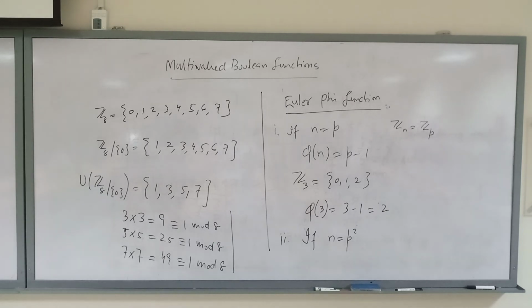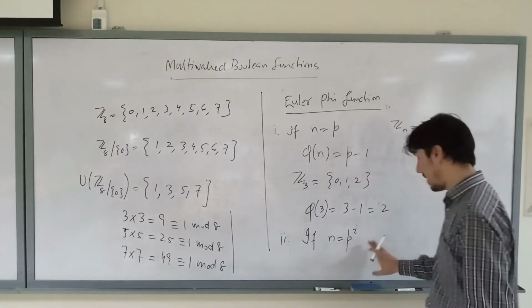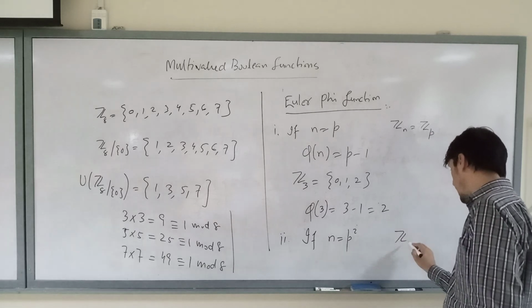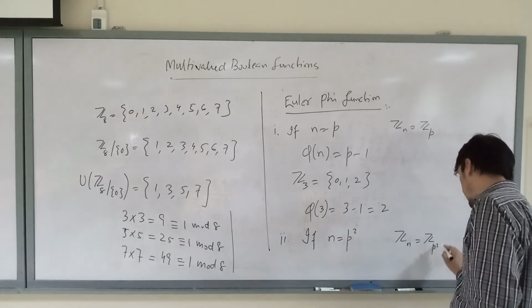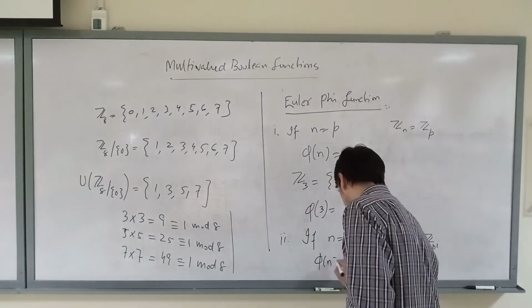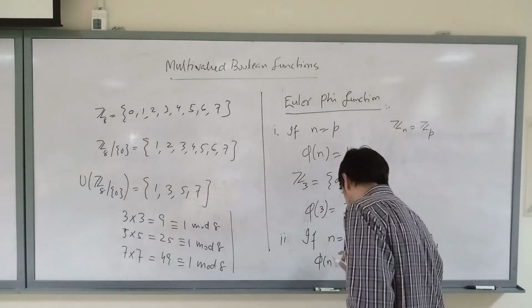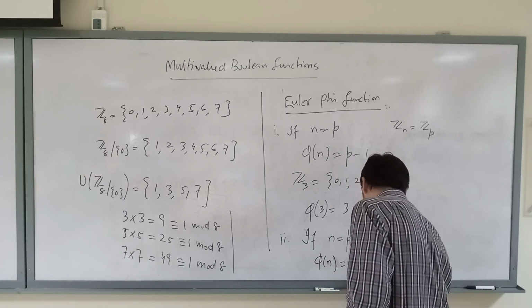If you have some number n which can be written as p to the power i, in that case the Euler phi function will be p^i minus p^(i-1).